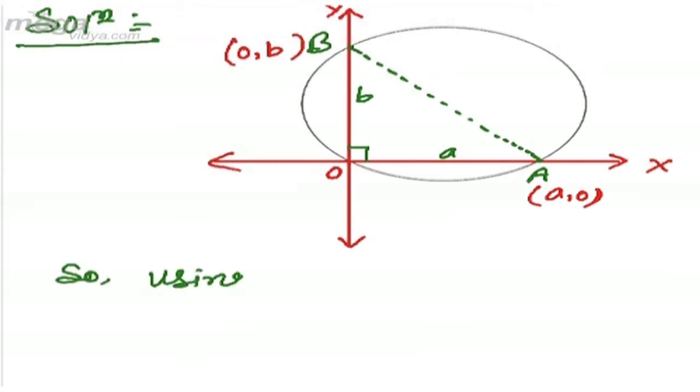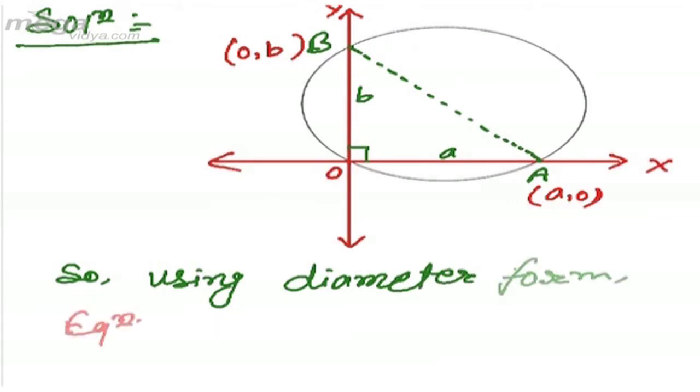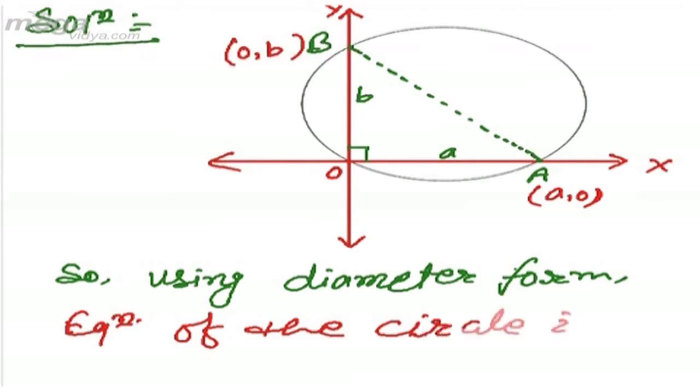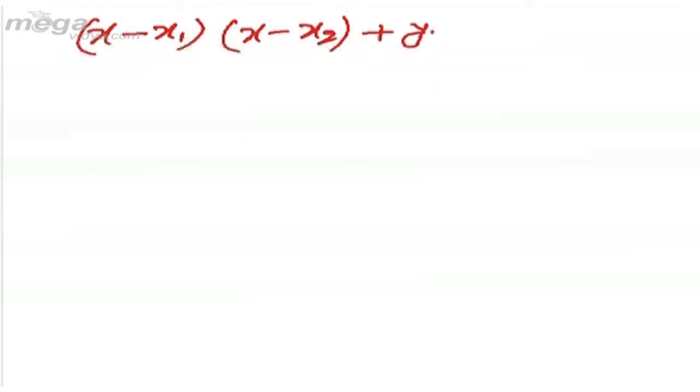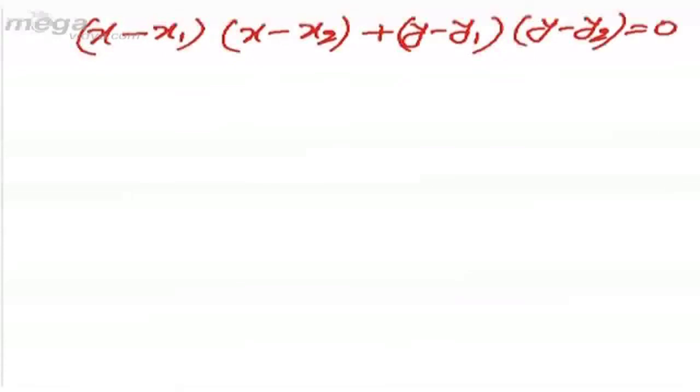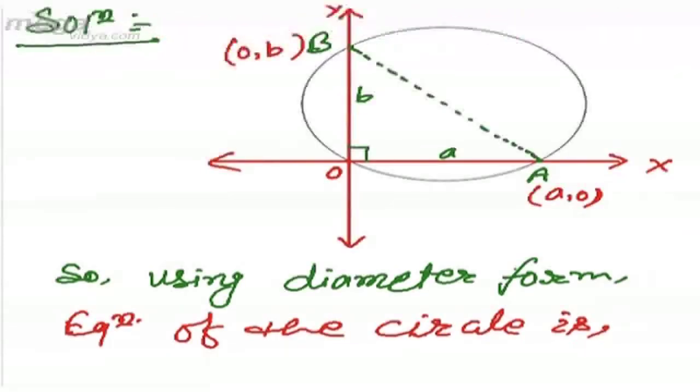So using the diameter form, the equation of the circle is, I'm writing the formula first: x minus x1 into x minus x2 plus y minus y1 into y minus y2 is equal to 0. Now in this, x1 y1 is a comma 0, and x2 y2 is 0 comma b.